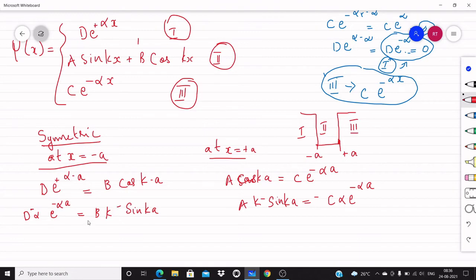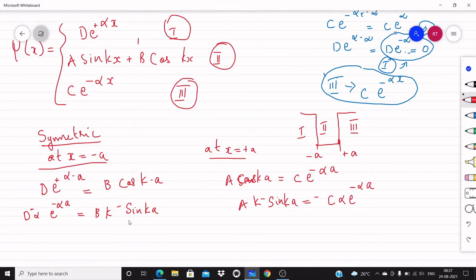So you have the term d e raised to minus alpha a is equal to b cos ka, and the derivative, you have d alpha e raised to minus alpha a, and b k, the minus is cancelled, b k sin ka. Okay, now it is correct.